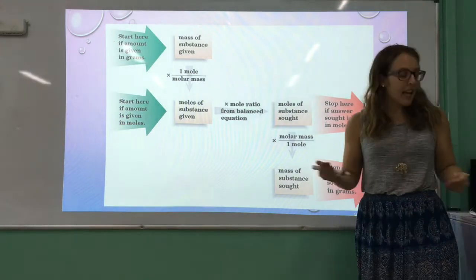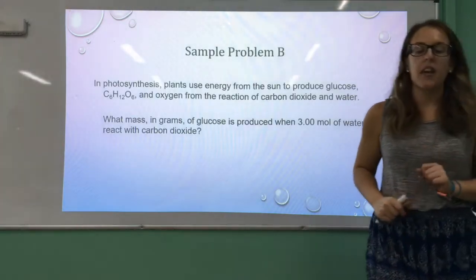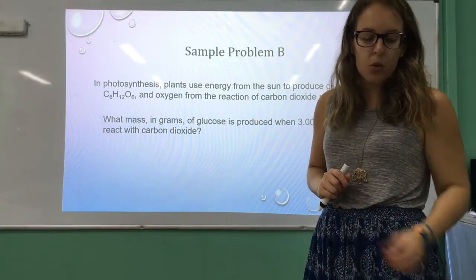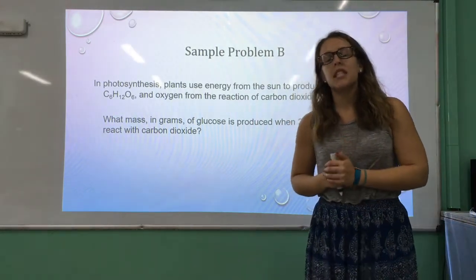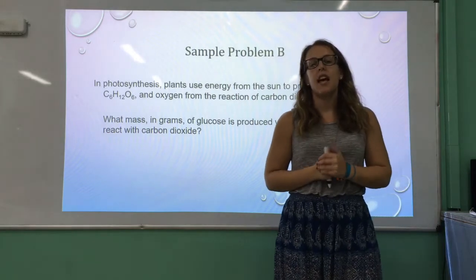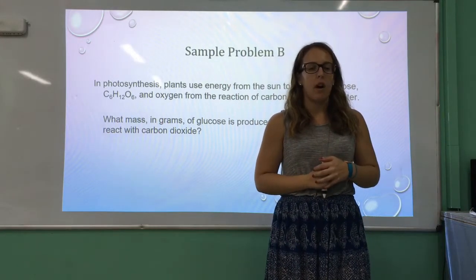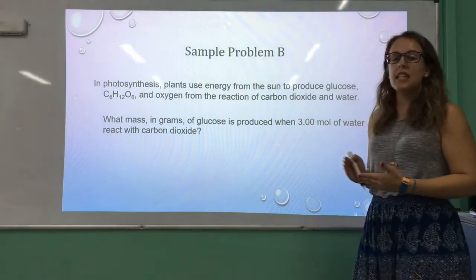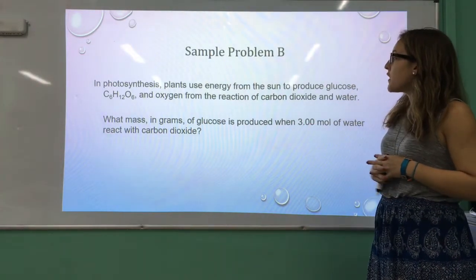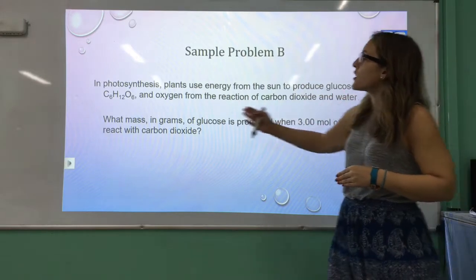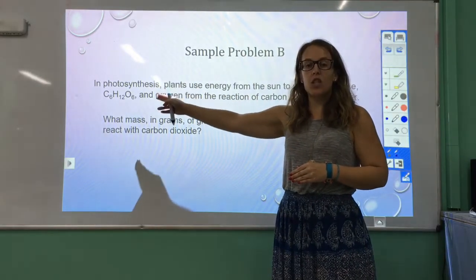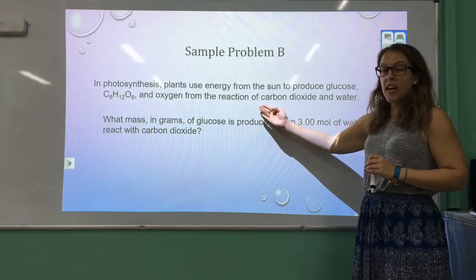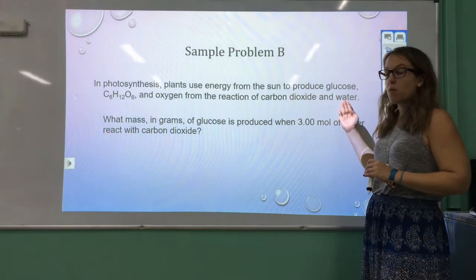So we will see that in sample problem B, which if you are following along in your book is on page 290. Sample problem C also goes along with this. That is on page 291. Sample problem B says, in photosynthesis, plants use energy from the sun to produce glucose, which is C6H12O6, and oxygen from the reaction of carbon dioxide and water.